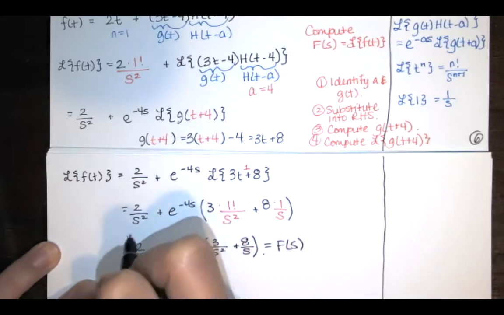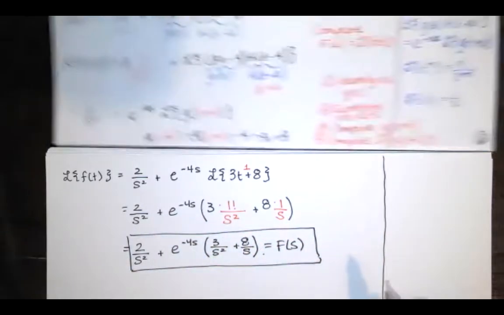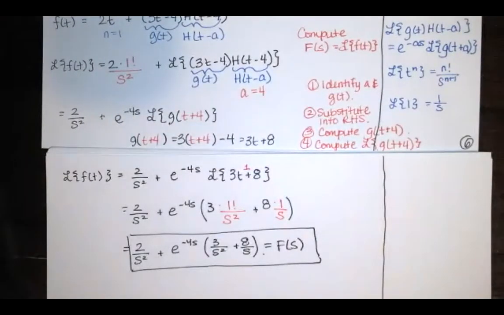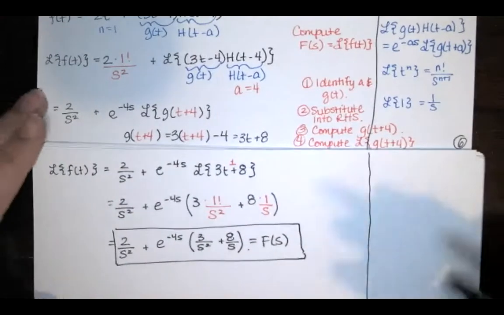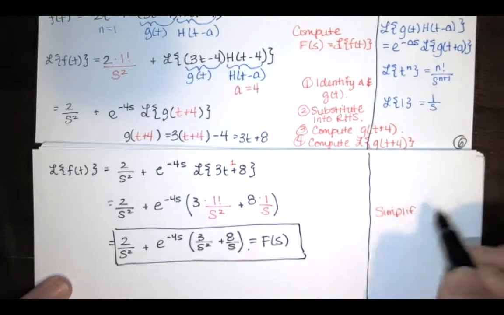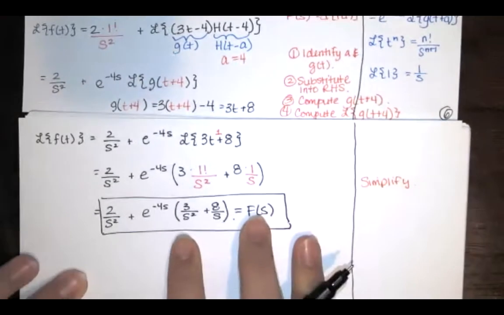That's the Laplace transform of f of t, where f of t was that piecewise function that we started with at the very beginning. So after finding our g of t plus 4, we computed its Laplace transform, and then we simplified.